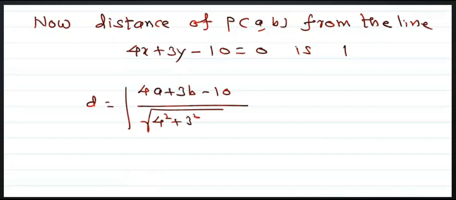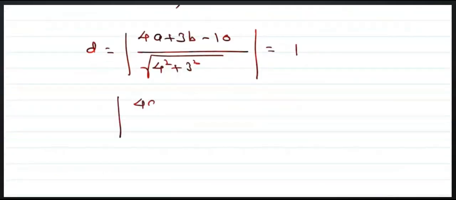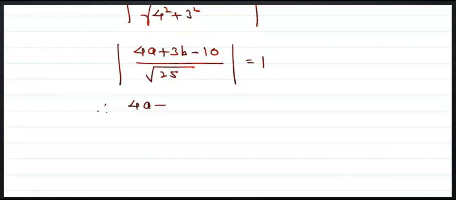Therefore d is equal to mod of 4a plus 3b minus 10 upon under root of 4 square plus 3 square, and that is equal to 1. If we solve this, that is mod of 4a plus 3b minus 10 upon under root of 25, that is equal to 1.